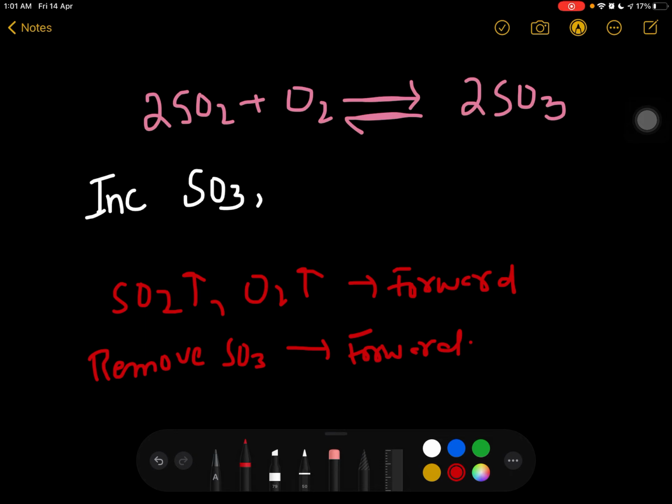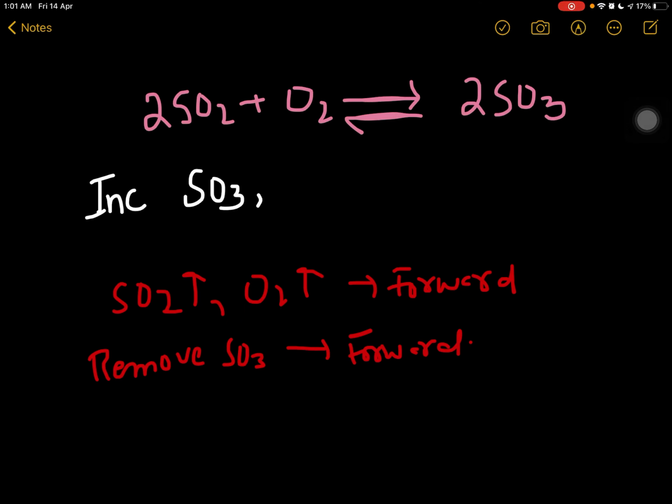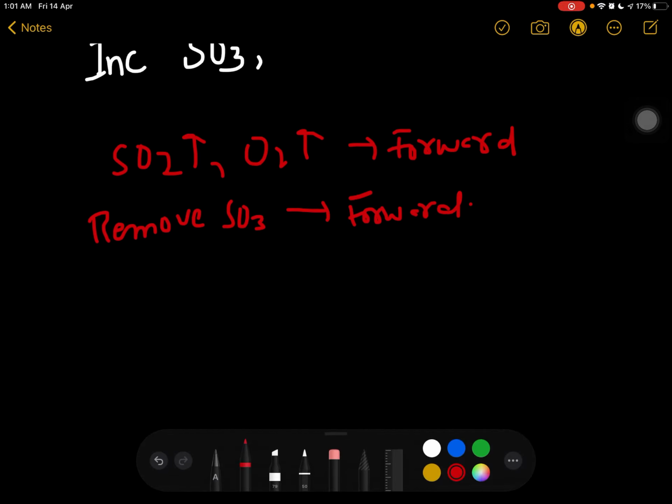When we remove the product or decrease the reactant, right? What happens is that QC becomes lower than KC when the reactant is increased. For example, here I said, in order to increase the SO3 production, I will increase the reactant.